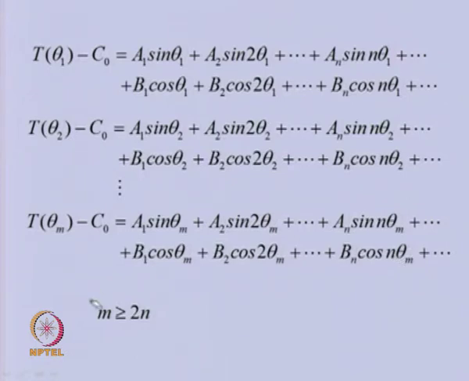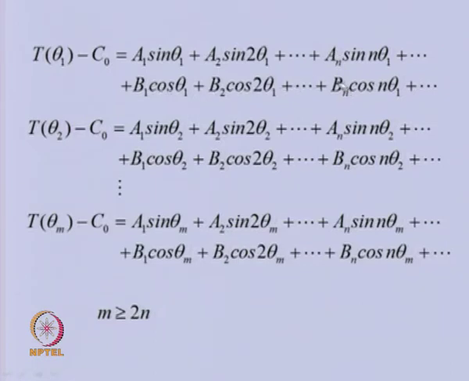I am saying that m is greater than 2n, because in this particular case we are truncating this Fourier series after the nth term. So, all the higher order terms I am neglecting. If we neglect these, you can see that we have n terms for A, and for B we have another n terms.